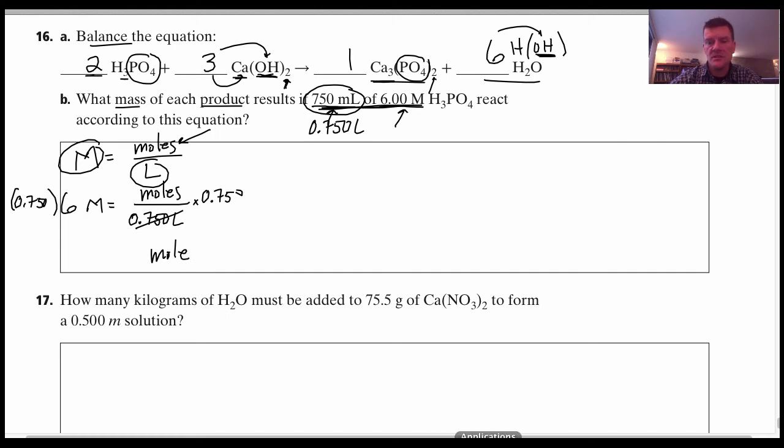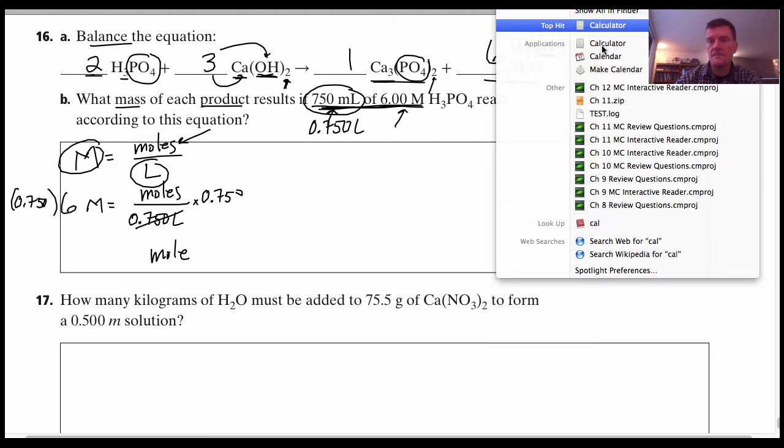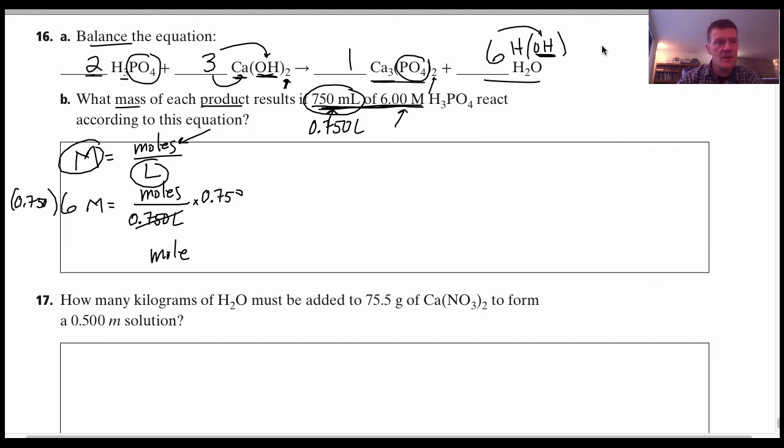So, let's go ahead and do this calculation together. .75, well, this is just 3/4, right? 0.75 is 3/4. We could do that. 3/4 times 6. 3/4, that's 18 divided by 4, which is going to be 4.5. Okay, if I did that right.